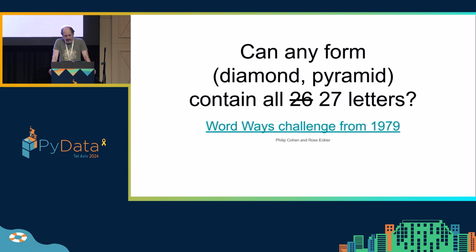Originally this was about English, and the question was, can we make some geometric form, put in all the letters that sit nicely one next to another in some 2D or 3D geometry, but also form words or text? And let's solve this today, but using 27 letters with Hebrew.